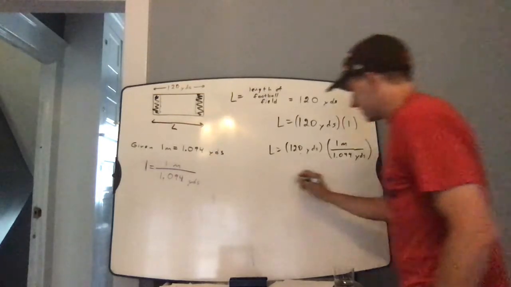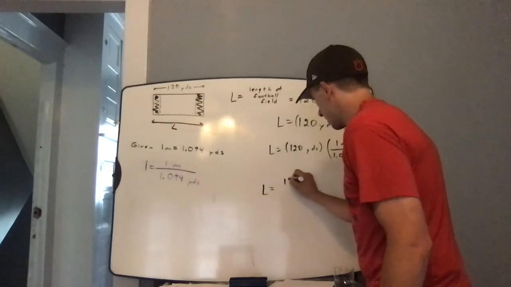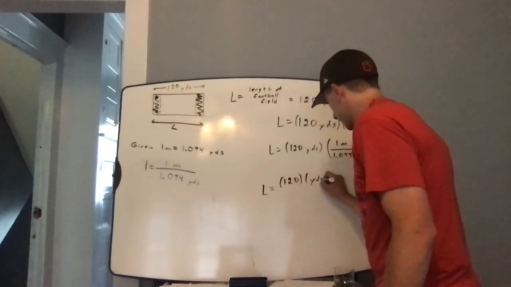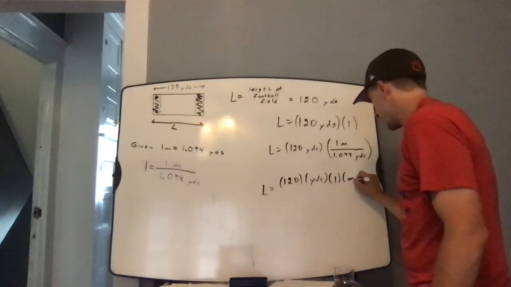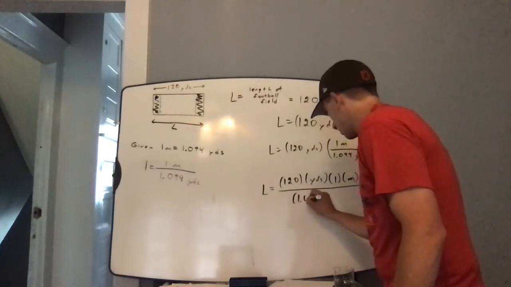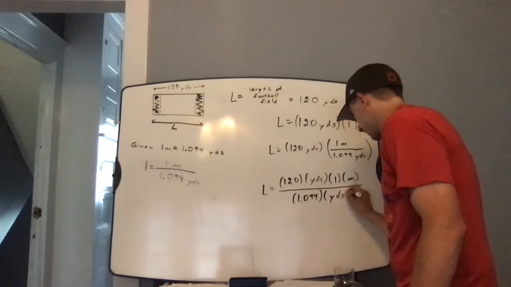So I would write this as L is equal to 120 times yards times 1 times meters divided by 1.094 times yards.